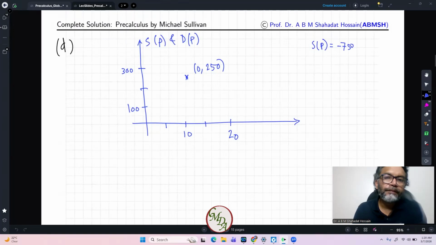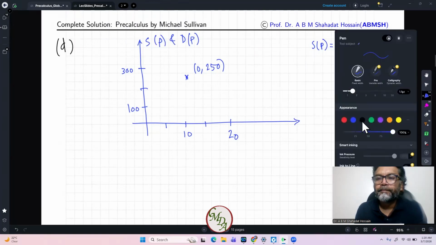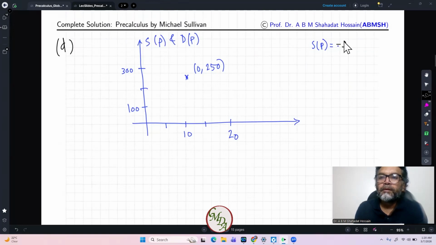So S of p is minus 250 plus 50p, and D of p is 1000 minus 75p.